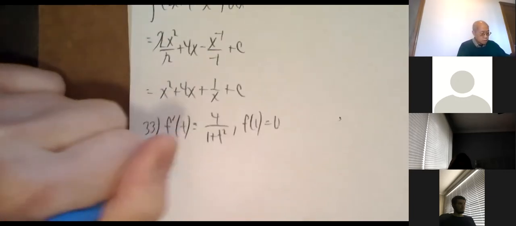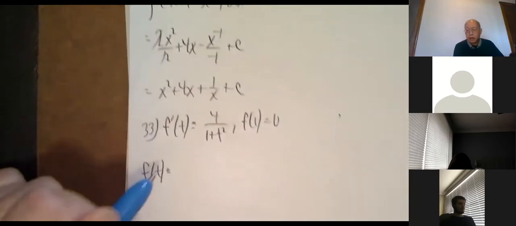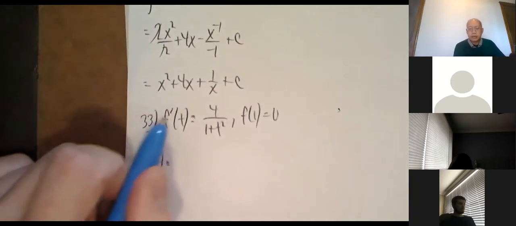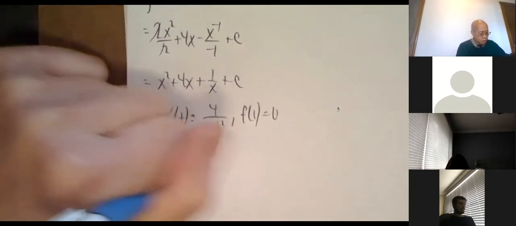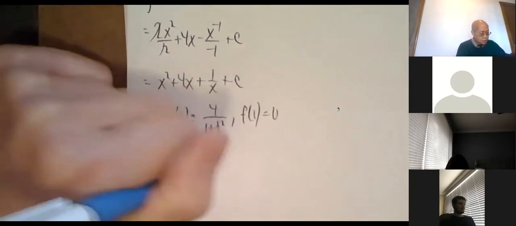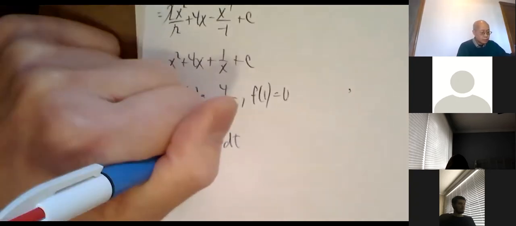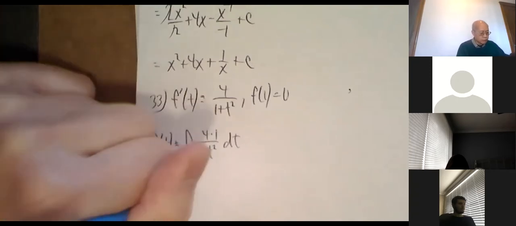Notice this is backwards from what we've been doing all semester. All semester, here's a function, find the derivative. Now we're going backwards. Here's the derivative, what was the original function? The integral of 4 over 1 plus t squared dt. Think of it as 4 times 1 over 1 plus t squared.